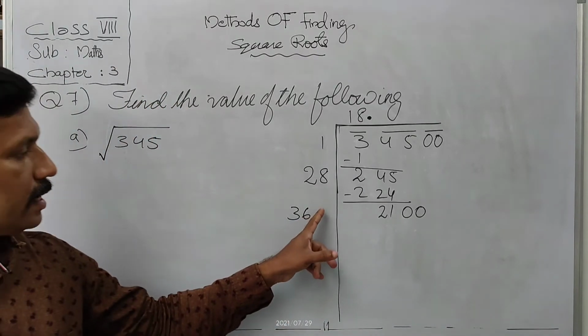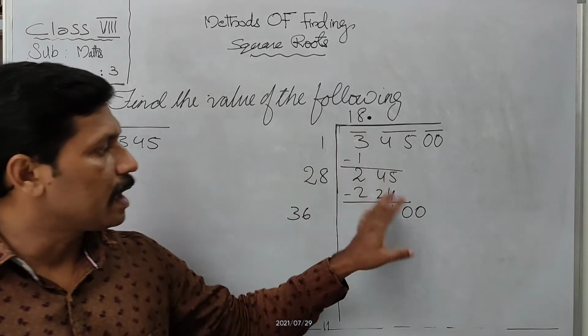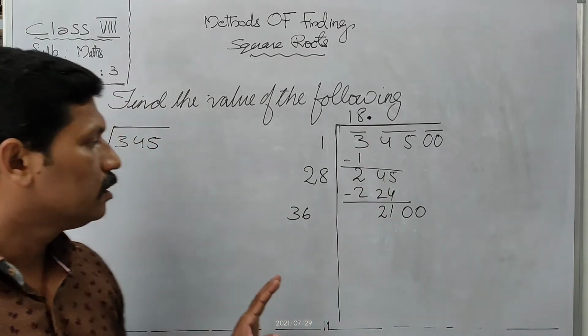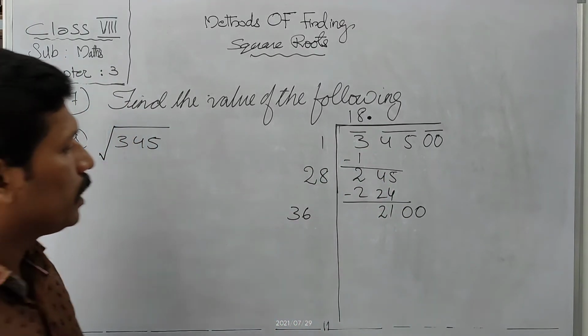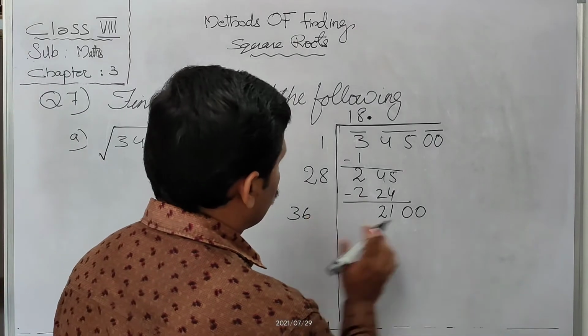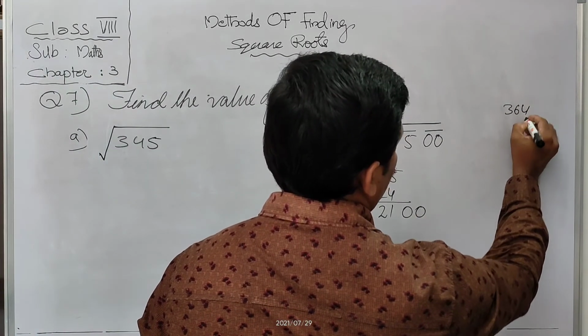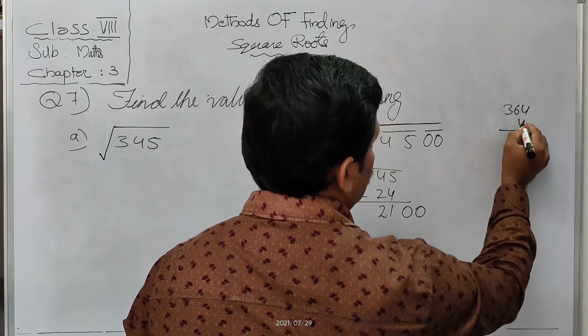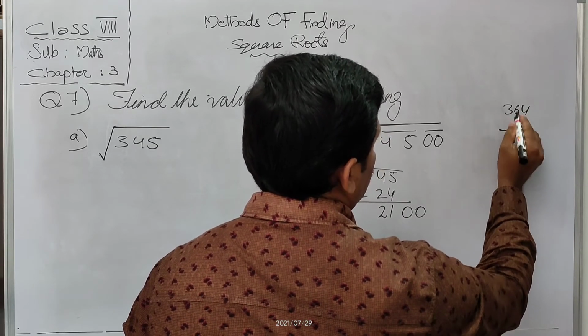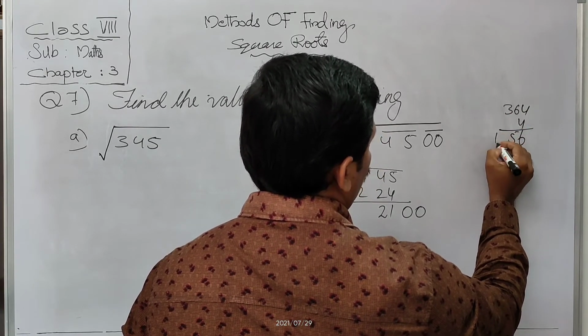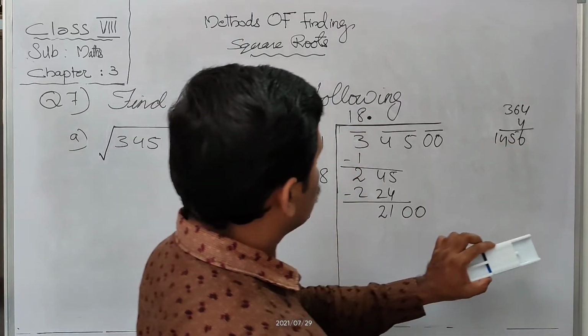So when we write a number here and then multiply with that number, it should be equal to or less than 2100. We can take at least 4, meaning 364 into 4. 4 4s are 16, 6 4s are 24, 25, 3 4s are 12 plus 2, 14, 1400. But here it is 2100.